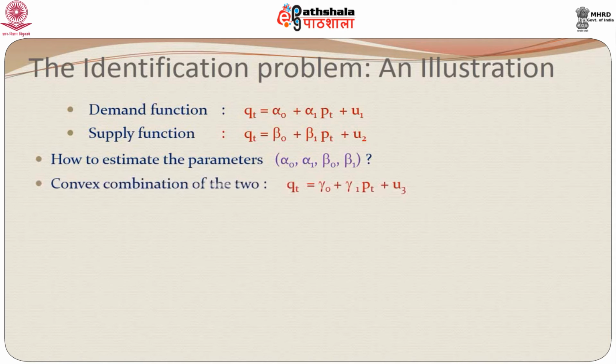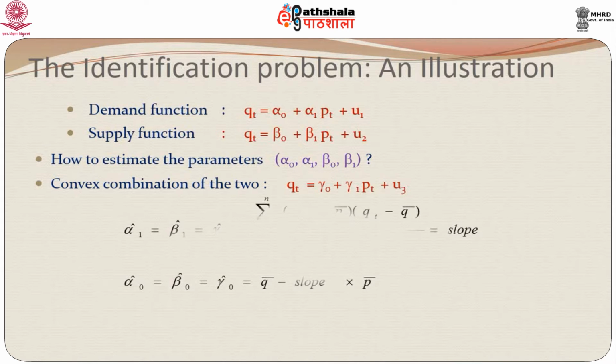As you remember, if I take the convex combination of the demand and the supply function, then it turns out to be a linear function of Pt again, and it looks similar to the demand and the supply functions. We saw that alpha 1 hat, beta 1 hat, gamma 1 hat, given the same set of observations Pt and Qt for say n observations, turns out to be the same.